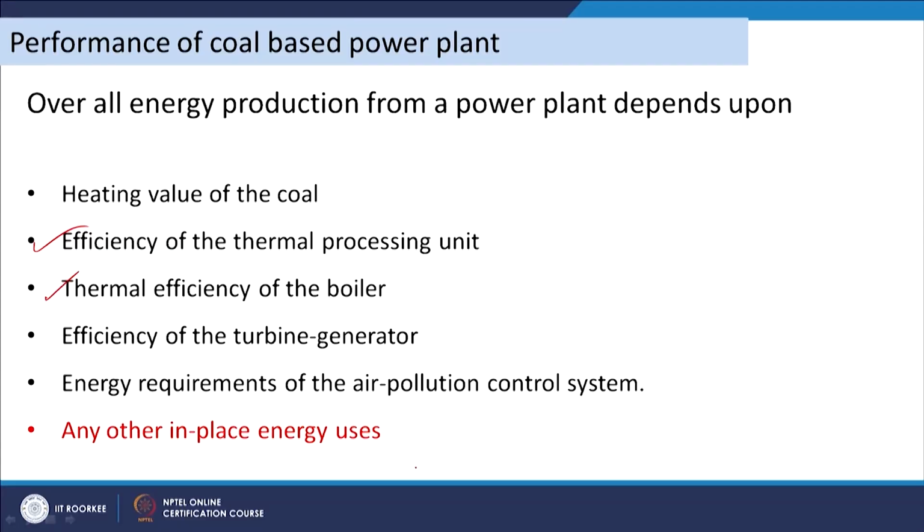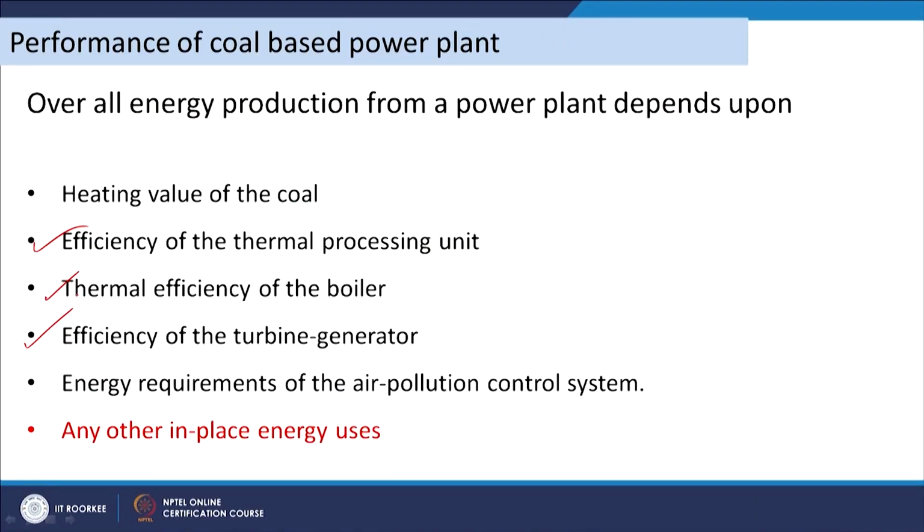So, the thing as I already discussed, and then the efficiency of the turbine and generator. It is in the boiler that we get steam, and then that steam is used in the turbine and generator. So, all those units, turbines and generator, have their own limitations and efficiency. That will also be considered in the overall efficiency. Then the energy requirements of the air pollution control systems.